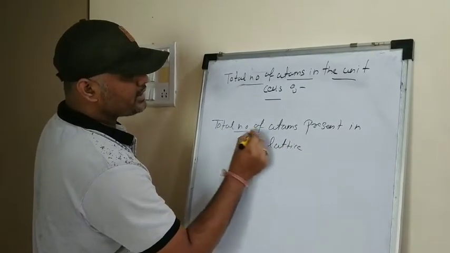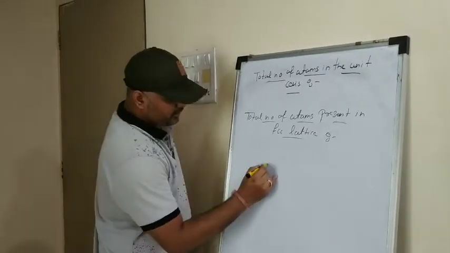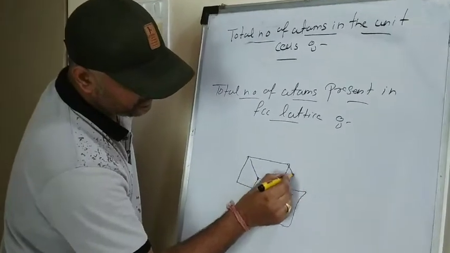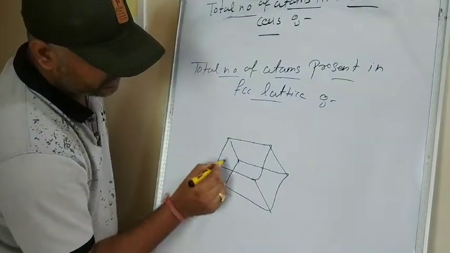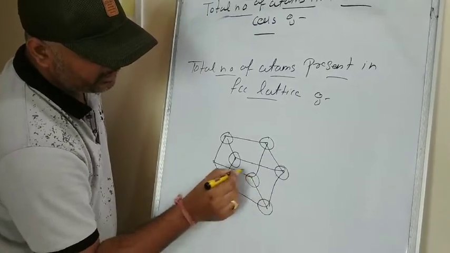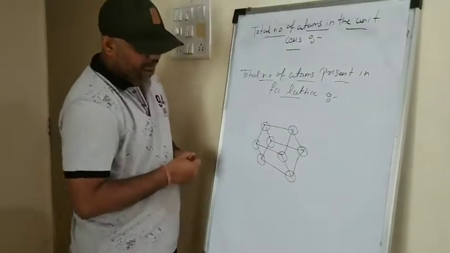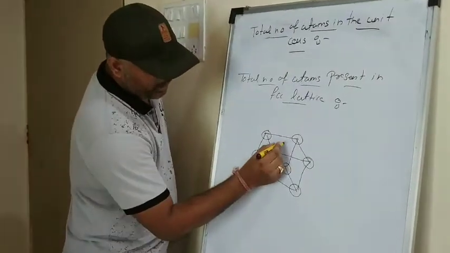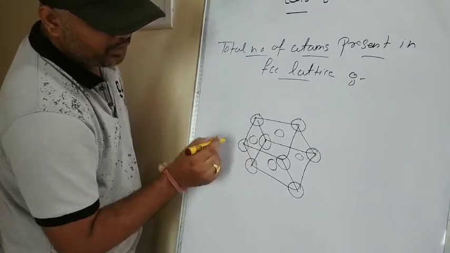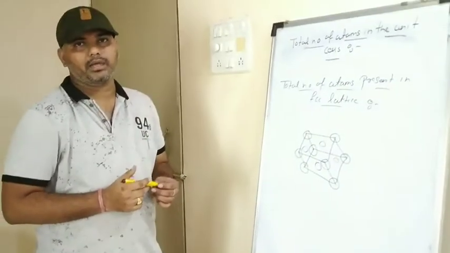So you all know what the FCC lattice is, right? We'll draw this FCC lattice. See, again 8 constituent particles at the 8 corners, and then I'll draw it with the other pen. 1, 2, 3, 4. At the back side one more particle is there, and at the bottom side one more particle is present, right?